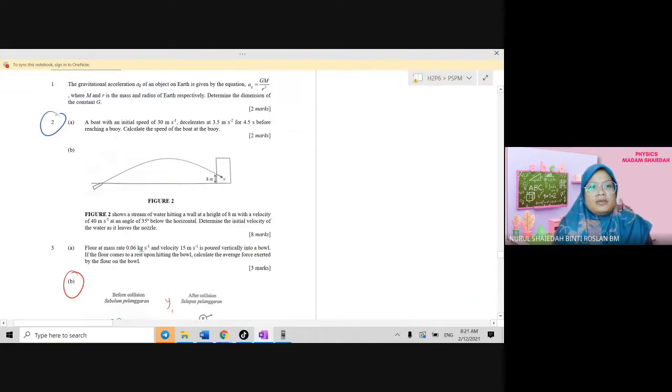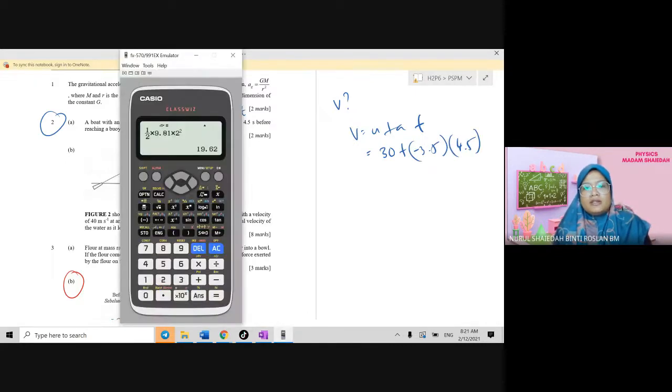Okay. Question number 2. A boat is initially U is 30, decelerates so A is negative, for 4.5 seconds before reaching the buoy. Calculate the speed of the boat. Okay, so we want to find V. So we need to find the V. So we can use what? So V we want to find, U is 30 plus A is negative 3.5 within 4.5 seconds. The question is very easy. 30 plus negative 3.5 times 4.5. Why is it negative?